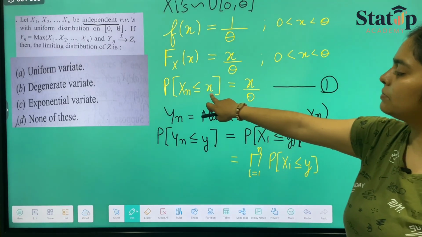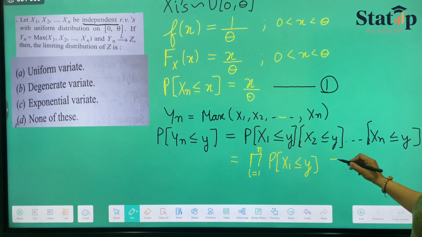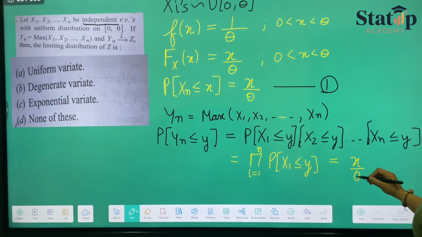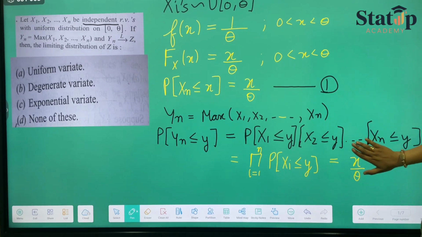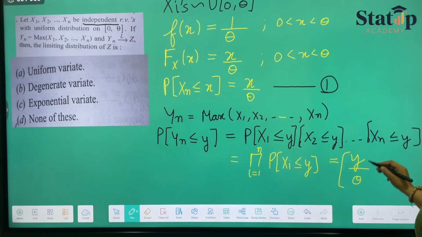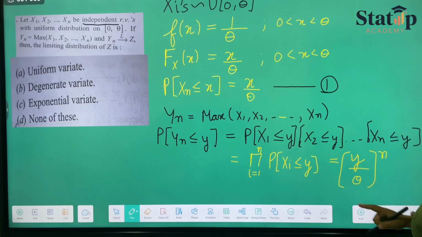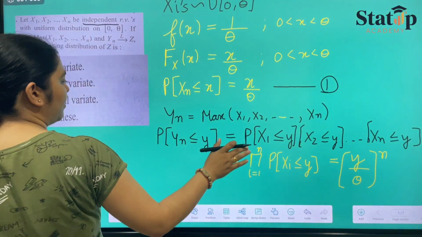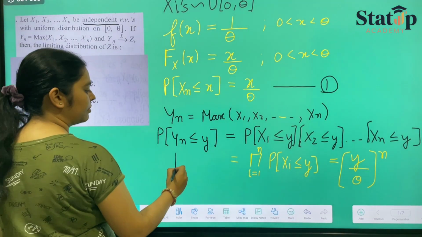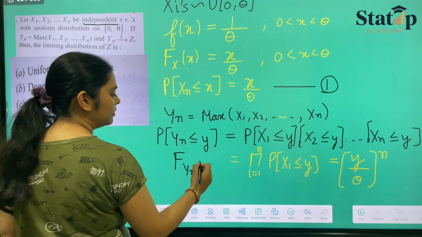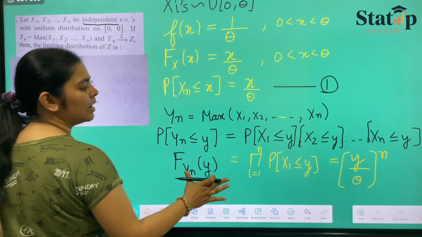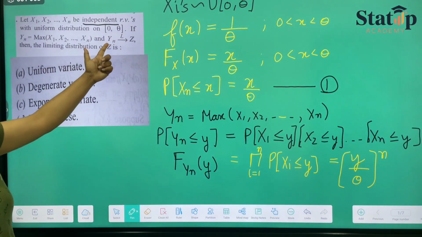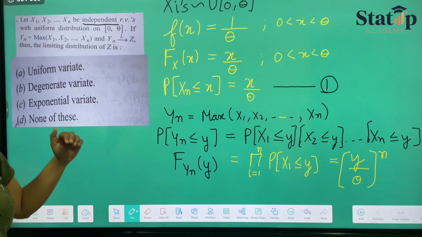And this probability is similar to equation 1, so instead of x upon theta, instead of x we will write y upon theta. So y upon theta whole raised to the power n, because we are multiplying over n. So this is our probability. Now we have calculated this probability, and this can be written as F of Yn at y. This is the distribution function of the maximum of all the Xi's that has been provided to us.